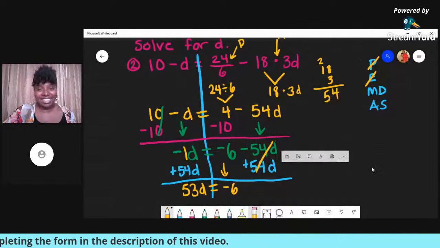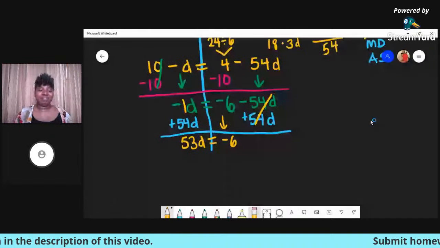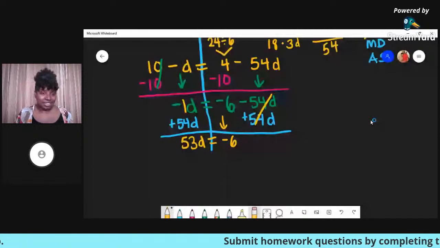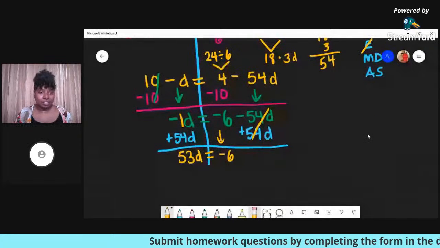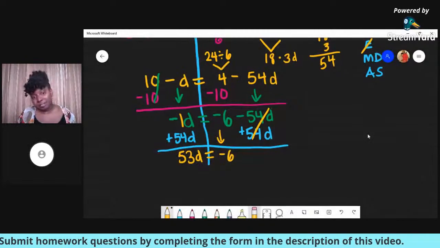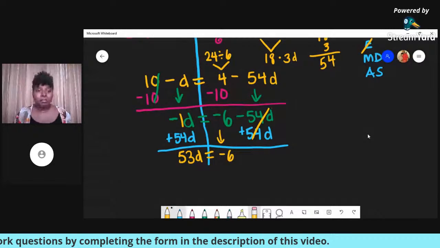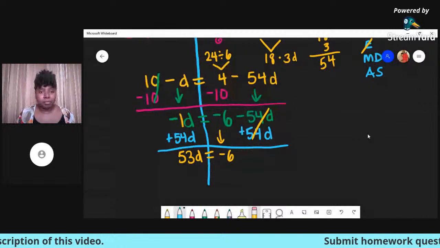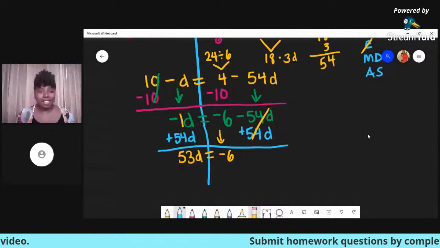Now what? Okay, so now we have to get rid of the 53 from the D so that the D is by itself. Good. And you do that because 53 and D next to each other mean multiplication. So you would do that by dividing 53D by 53. And then, because you have to balance your equation, you would divide -6 by 53.